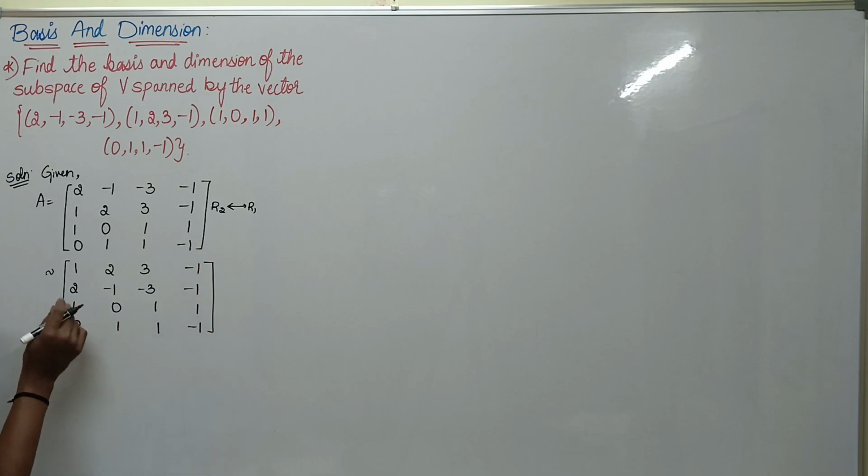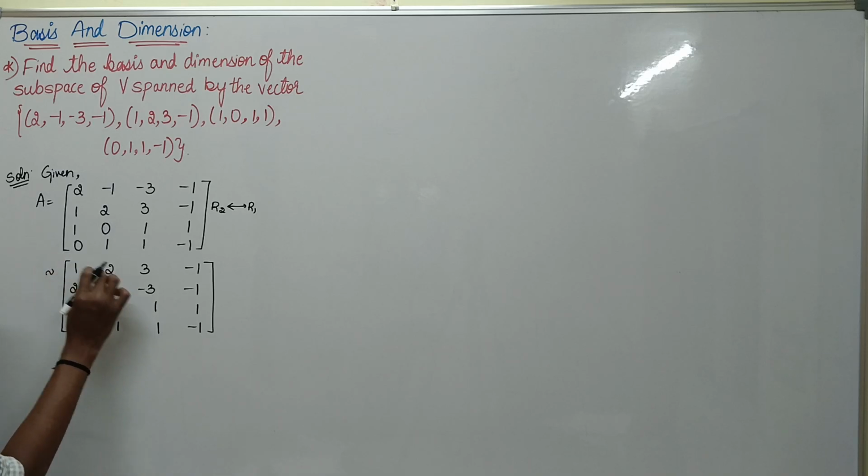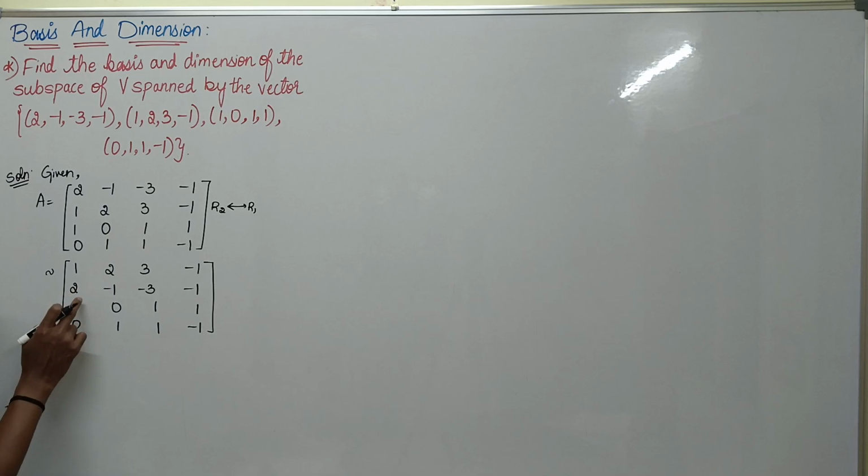What is my aim? Below the diagonal elements, every element I need to make 0, that is, an upper triangular matrix. This is the diagonal: 1, minus 1, 1, minus 1. Below this, 2, 1, 0, 0, 1, 1, I need to make 0.